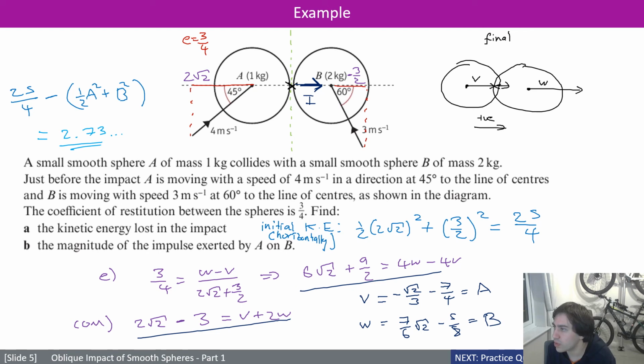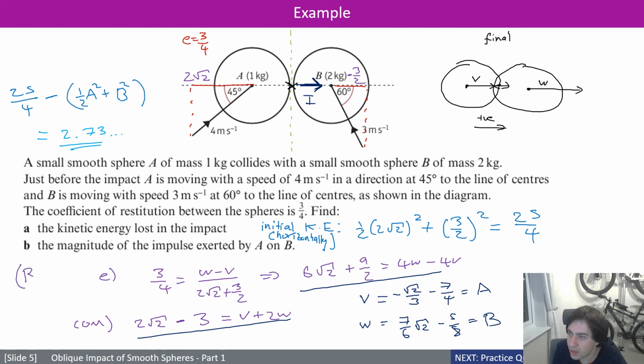So we've got a half m, which is 1, times b minus, and what was its initial for b was 3. Sorry, hang on. Let's correct this slightly.